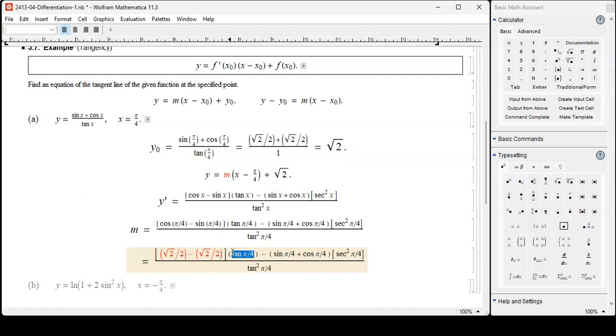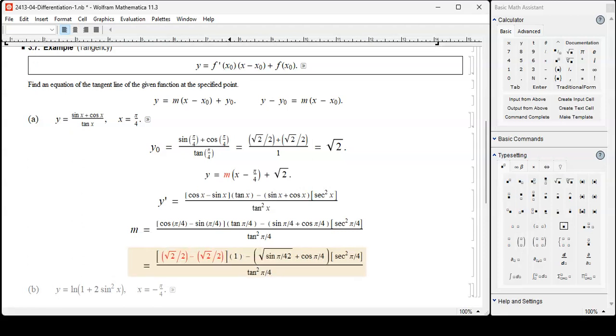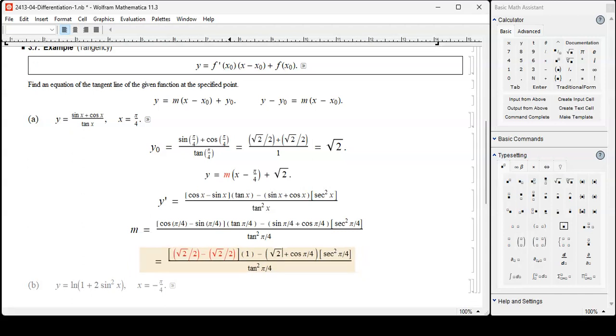And then this is actually times 1, but this entire thing is 0. So no problem there. Now here, square root of 2 over 2, and then this one is plus square root of 2 over 2.